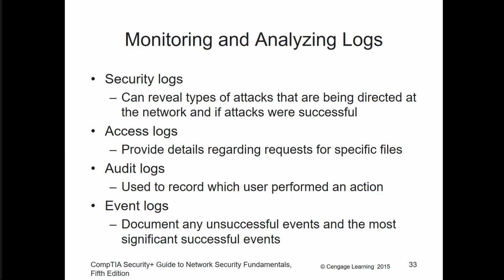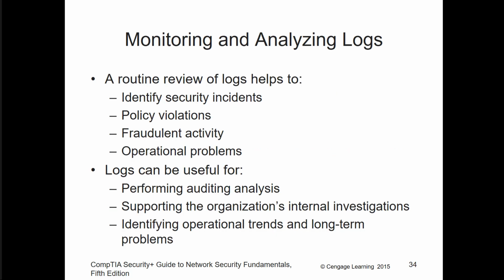Access logs provide details about requested files or even appropriate access, when they've logged in, when they logged off. Audit logs would be used to record which users performed actions. An event log may document unsuccessful events or even successful events, because maybe you want to track both. And there are reasons for both, but that's not for this lecture.